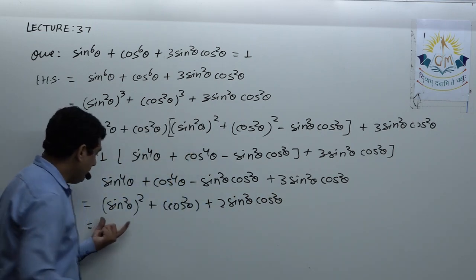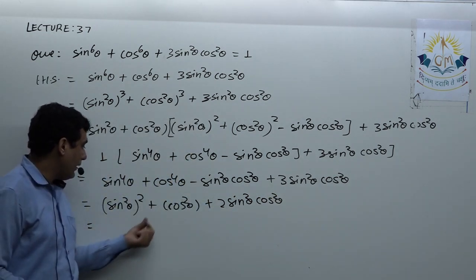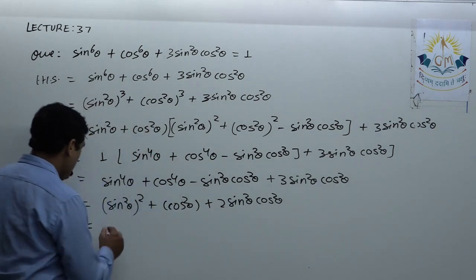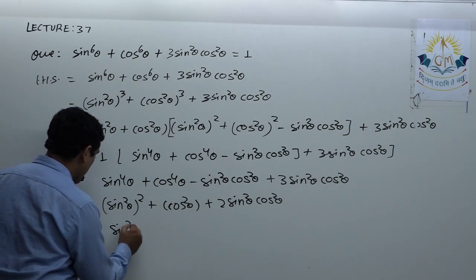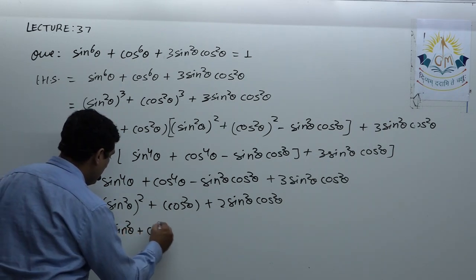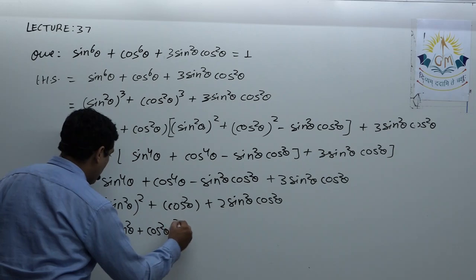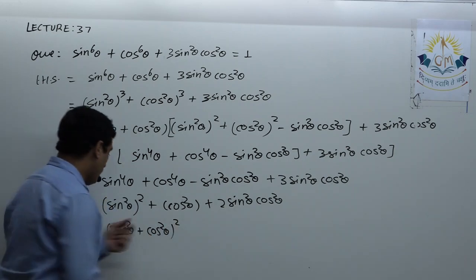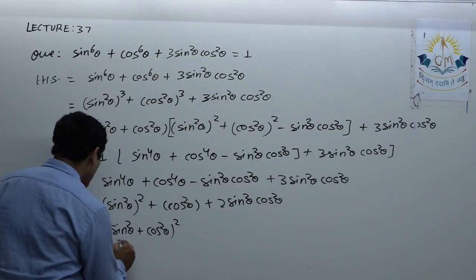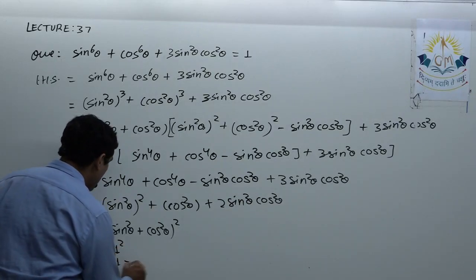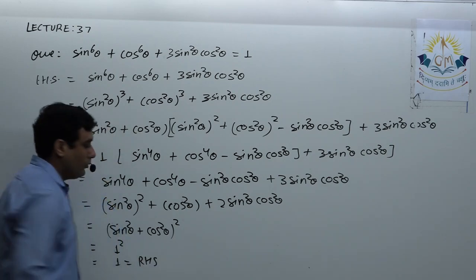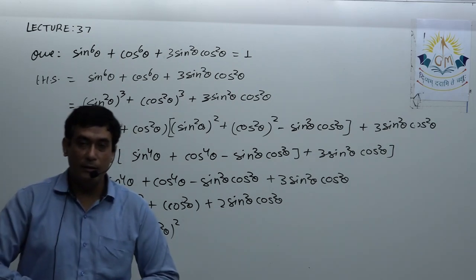So here you can see we have an identity a square plus b square plus 2ab, that is a plus b whole square. So a plus b whole square. Now again sine square theta plus cos square theta is 1. So 1 square, which is equal to 1. So please note it down, then we'll see the next question.